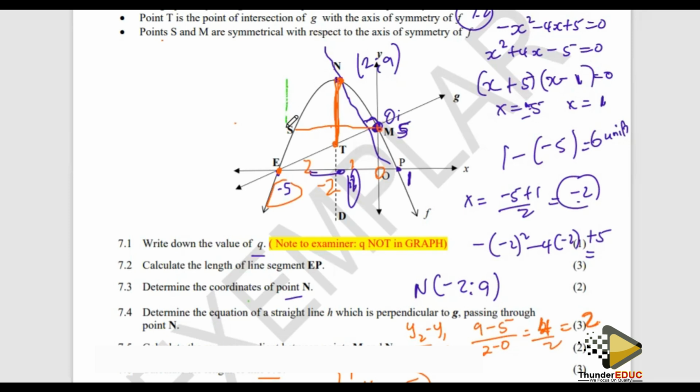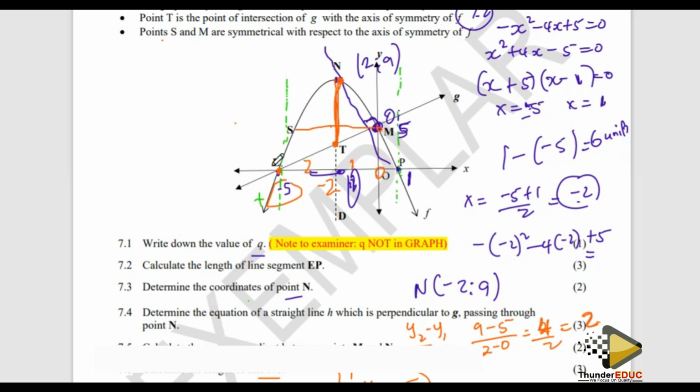At point E and below, we can see that both graphs are below the y-axis. So it's a negative and negative. In this section, there will be a positive.